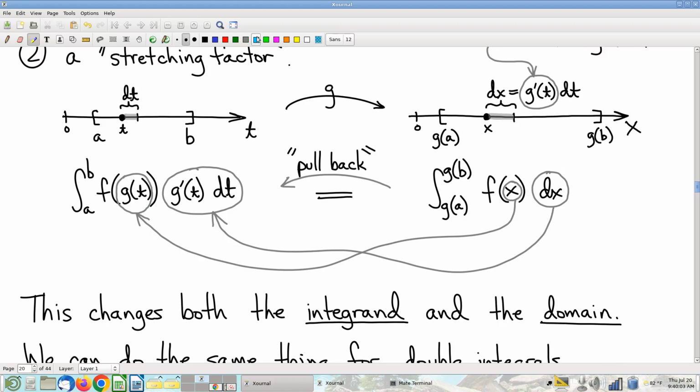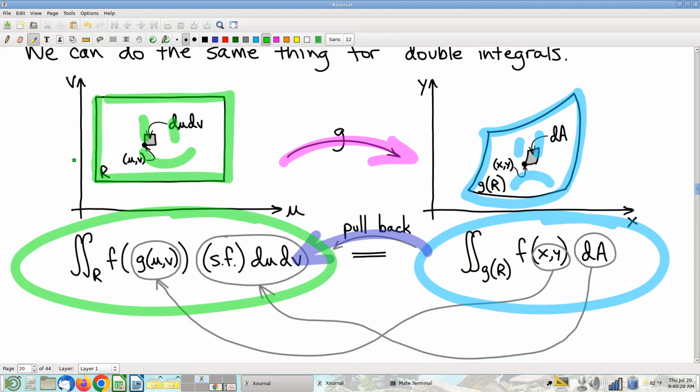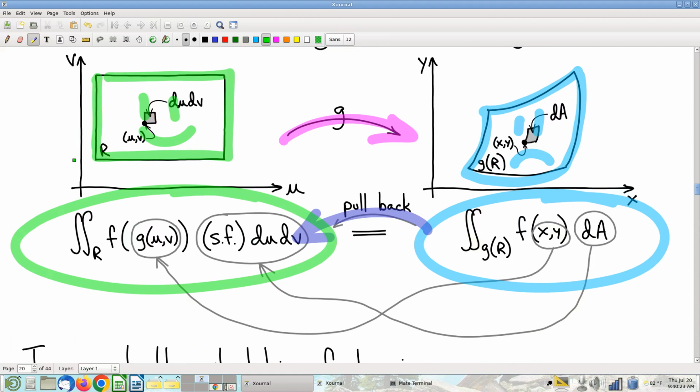An integral on the image in the target got pulled back to an integral on the pre-image in the domain. Right, so analogous thing. So supposing we have this setup, I've got this green set, I've got this blue set, I'd like to just pull it on back. And the good news is everything just works out just fine. There's nothing stopping us from doing this. In particular, keep in mind when we write down that g is the function, what this means is that x and y are the images of u and v.